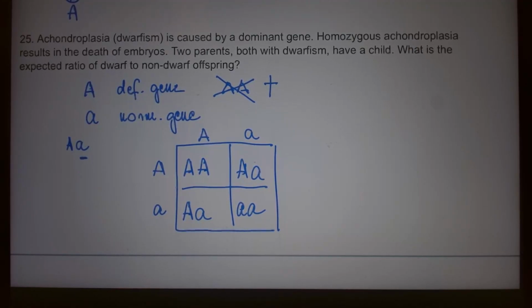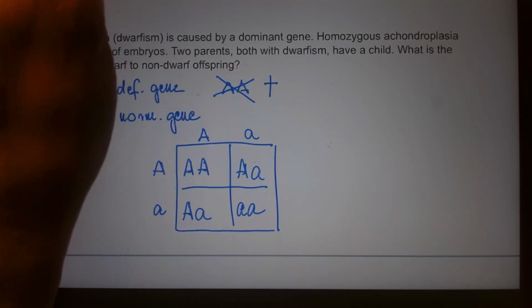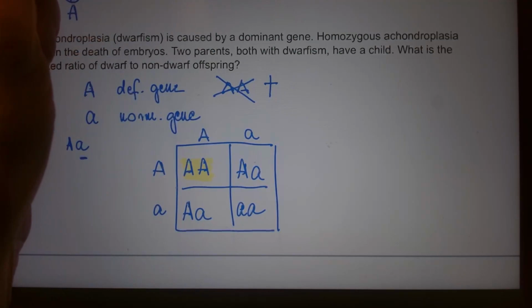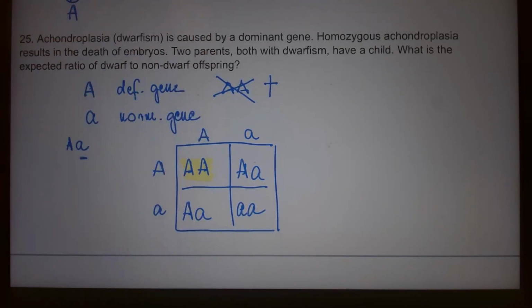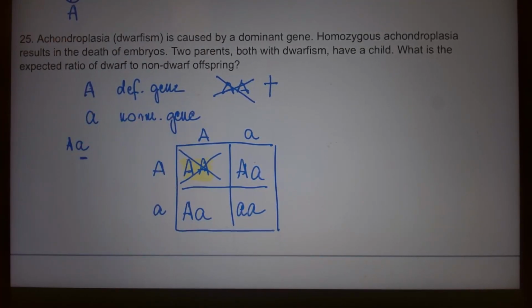Well, having two dominant alleles is embryonic lethal, so those will not be born.